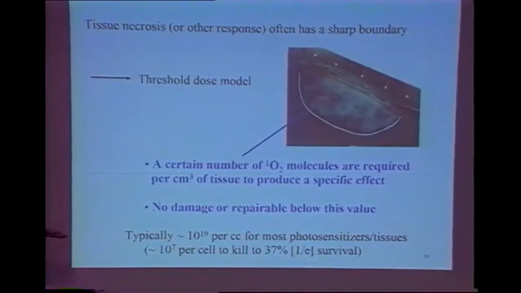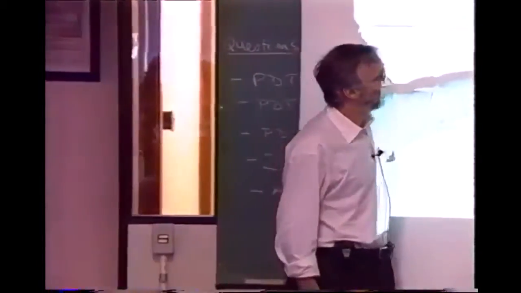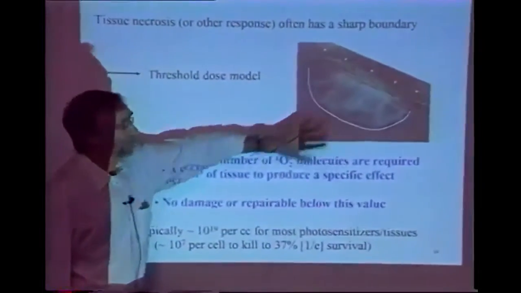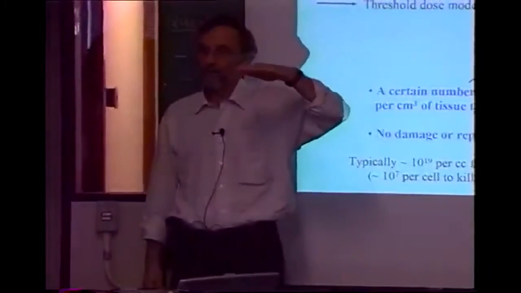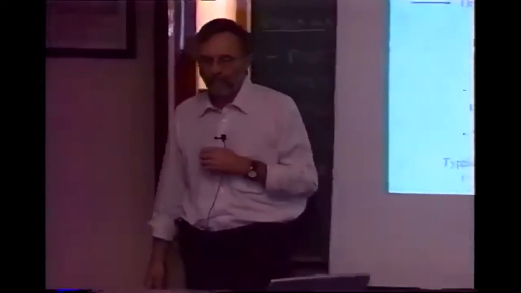And if you compare these values, you're about right. Makes some sense, within a factor of 10 or so. So it looks as if this idea that the threshold is because you must produce a certain concentration of singlet oxygen before you get the effect is correct.